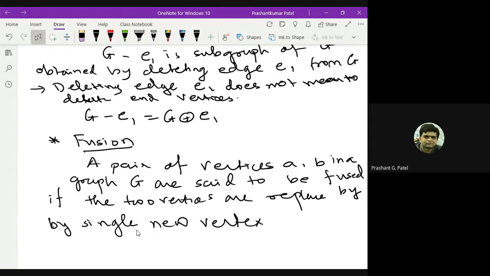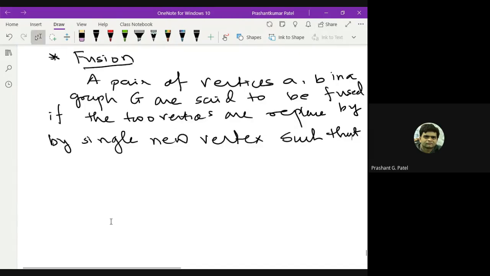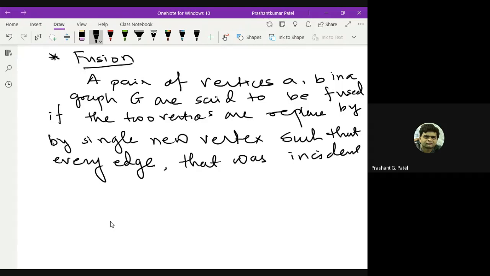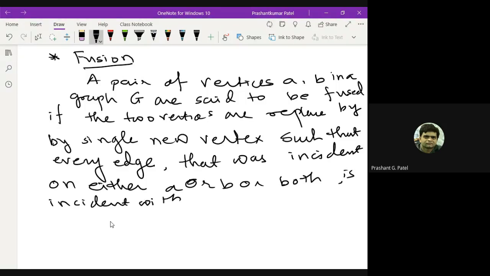So what is that? There will be two vertices A and B, and that will be replaced with a new vertex, one single vertex, in such a way that every edge which was incident on either A or B or both is incident with the new vertex.